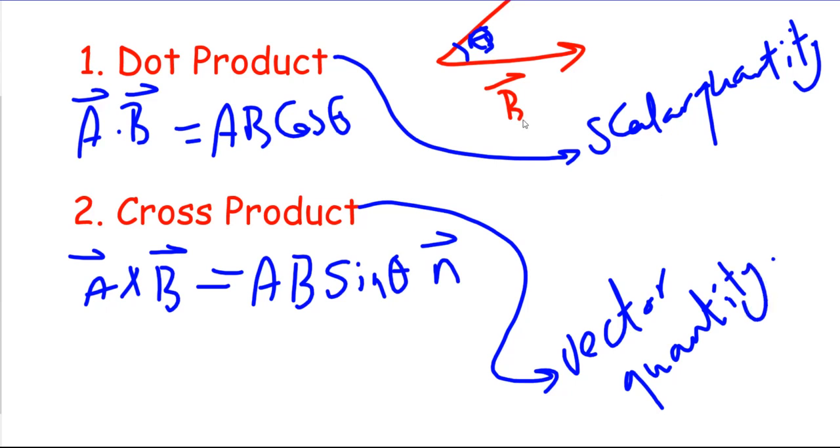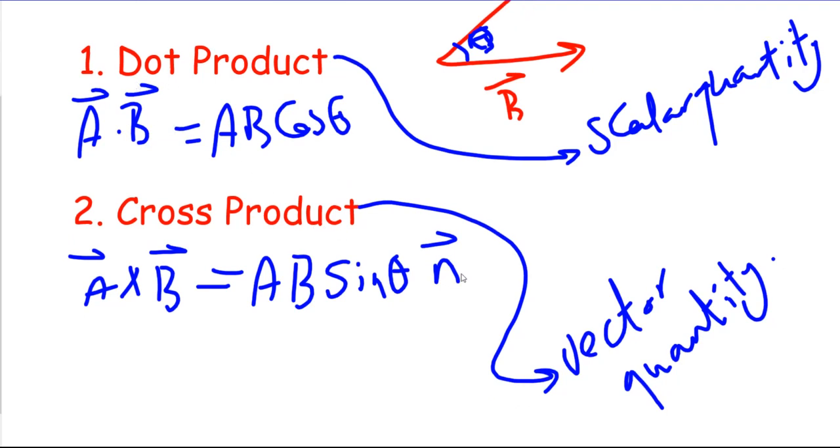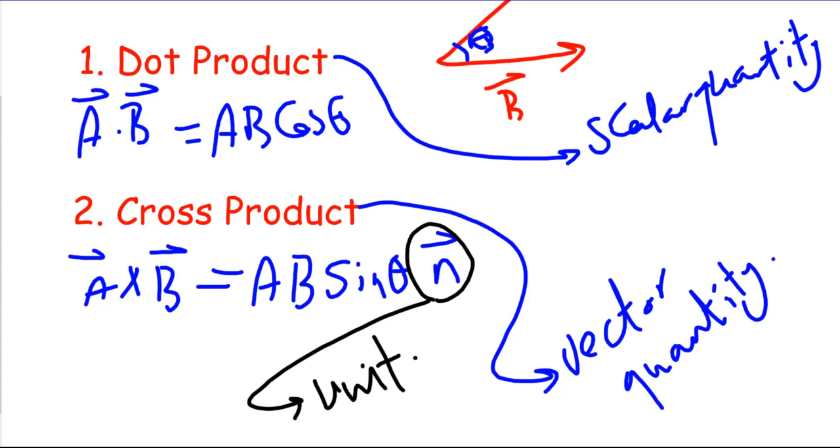So we have scalar quantities produced from the dot product and vector quantities produced from the cross product, and remember that n is a unit vector, which is normal to the direction of A and the direction of B.